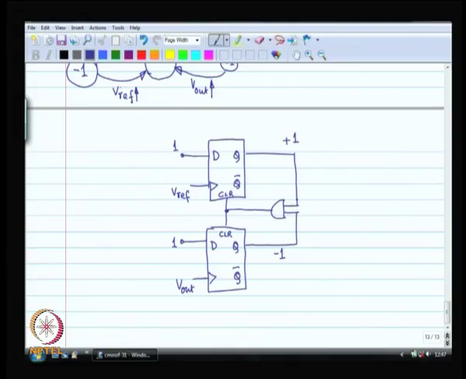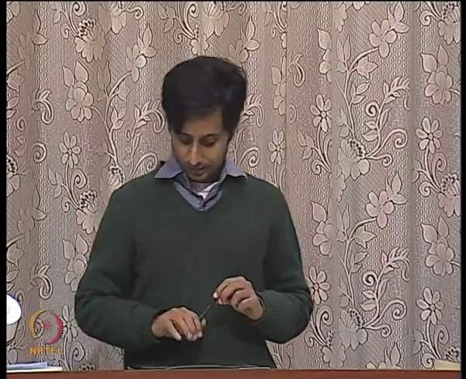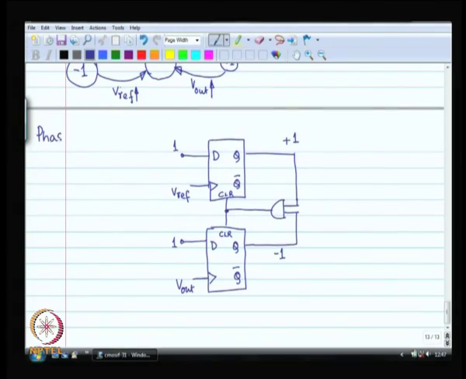So, this is the kind of circuit that our phase detector is, and this is what is used all the time. So, small bits of variations here and there. This is what is my phase detector. This is the final circuit.